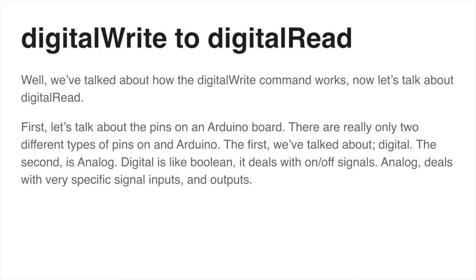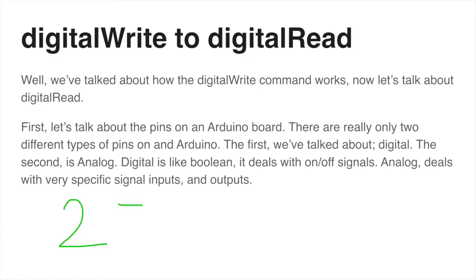First we have to talk about the pins on an Arduino board. Go ahead and look at your Arduino board and see if you can guess how many different types of pins there are. I'm going to give you the answer right now, and that's 2. Basically, all you're going to use in this class are pretty much 2, except for the ground and 5 volts.